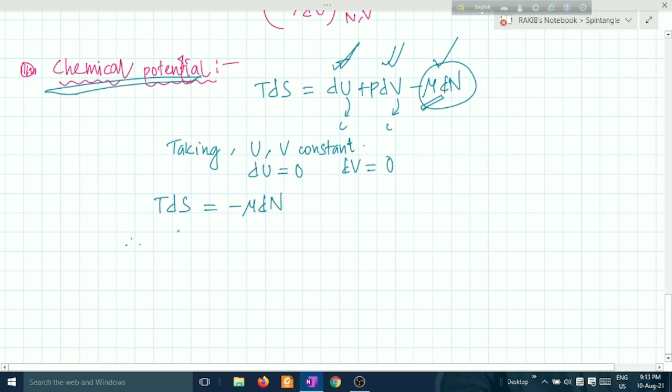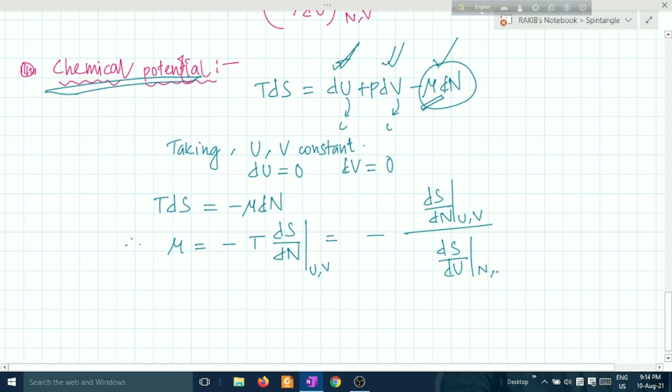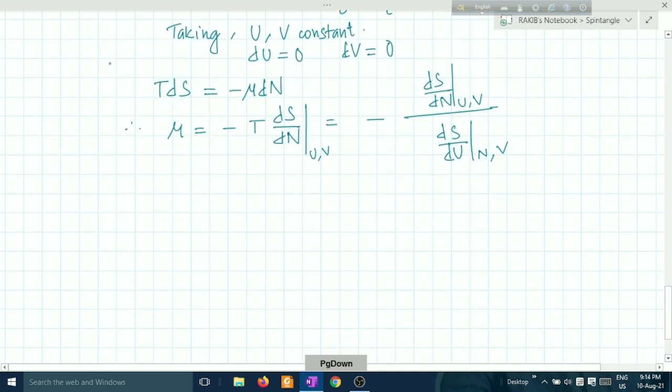Therefore mu becomes minus T dS upon dN at u comma v. For the value of T, we put 1 upon ds by du at n comma v in the denominator. This is the formula of chemical potential in case of microcanonical ensemble.